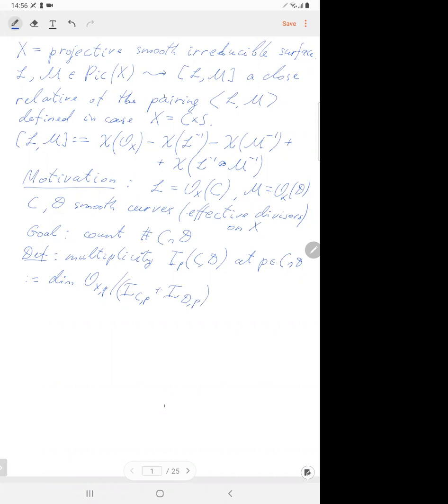Okay, so this is literally the same definition as we had for two curves on the projective plane. And then we define the total intersection as the sum over all points of the local intersection multiplicities. Okay, and this is what we want to compute.